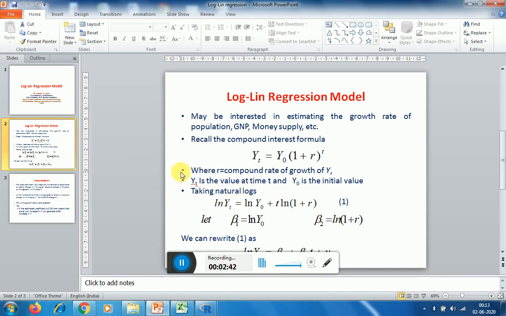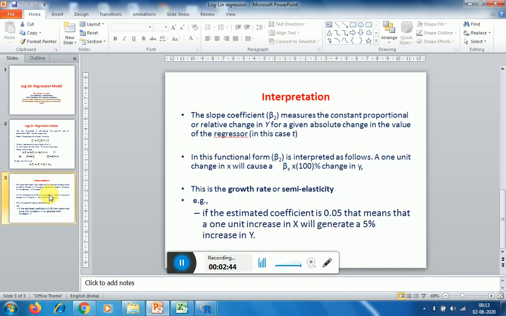Now how do we interpret such models? The slope coefficient beta 2 measures the constant proportional or relative change in y for a given absolute change in the value of the regressor, and in this case the regressor is t. So here t is expressed in absolute terms and y is taken in relative terms.